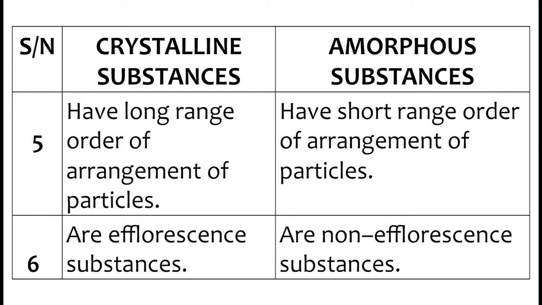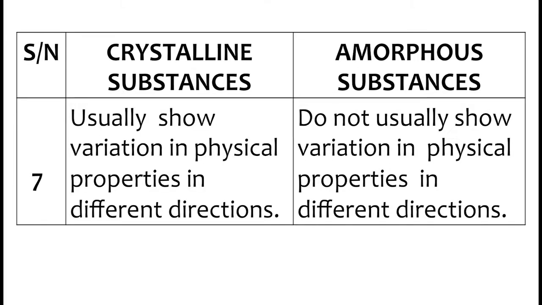Number six, crystalline substances are efflorescent substances, while amorphous substances are non-efflorescent substances. Number seven, crystalline substances usually show variation in physical properties in different directions, while amorphous substances do not usually show variation in physical properties in different directions.